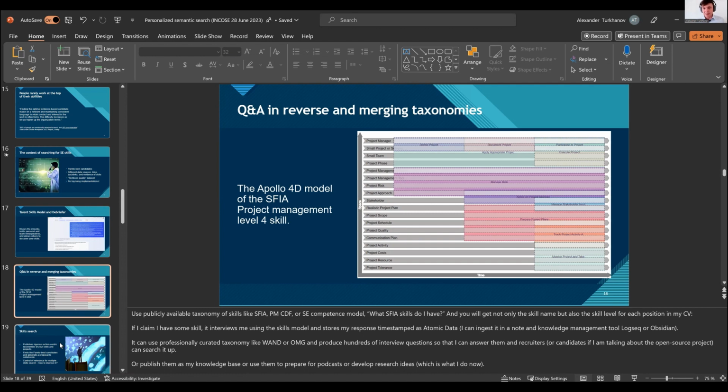For example, there is a beautiful solution, the Apollo 4D activity modeler, and using this approach, we can take any textual or competence model, a project management competency development framework, a systems engineering skills and capabilities model, any textual model, and build a JSON out of it. That's just an example. It's very easy. I think we can automate 90% of this process.